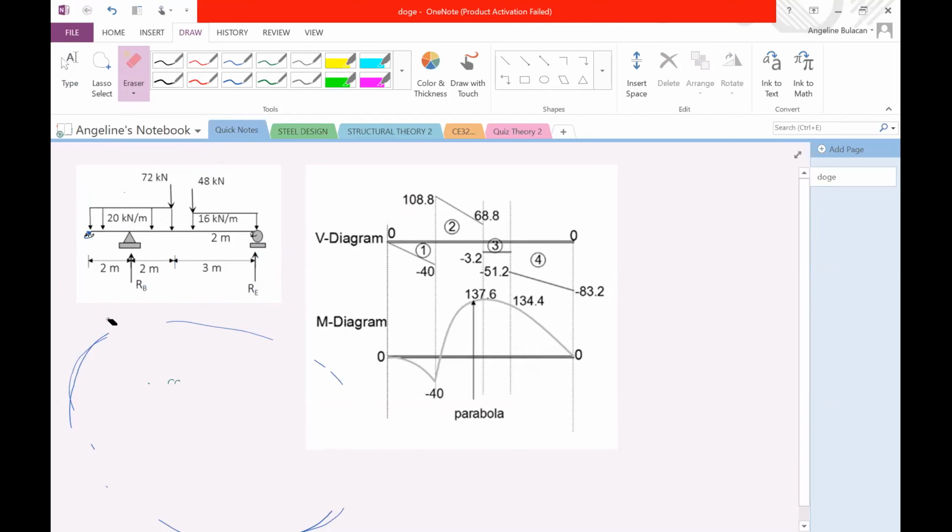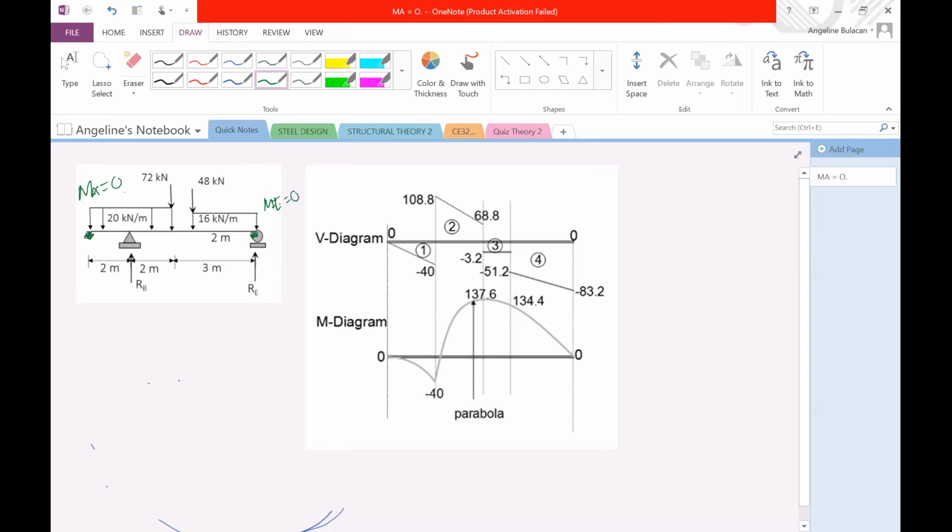Erase ko lang na. Yan. So, always to, kapag sa external or yung endpoint, ang moment dyan is always equal to 0. So, dito, ang MA mo is equal to 0. Dito, ang ME mo is equal to 0.